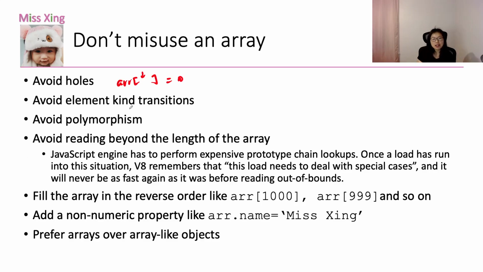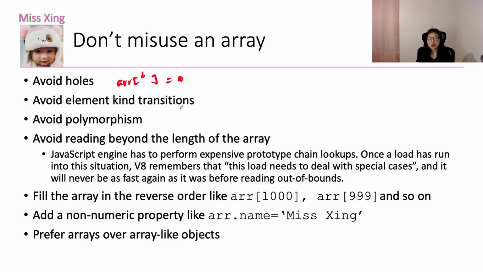And avoid element kind transitions. This is talking about packed SMI elements, packed double, packed elements, holey SMI, holey double, and holey elements, right? If you have an array of integers, you will have packed SMI elements, and it's going to be faster than if in the future you push a double or push a string there.